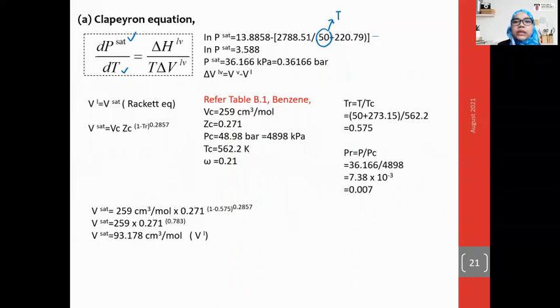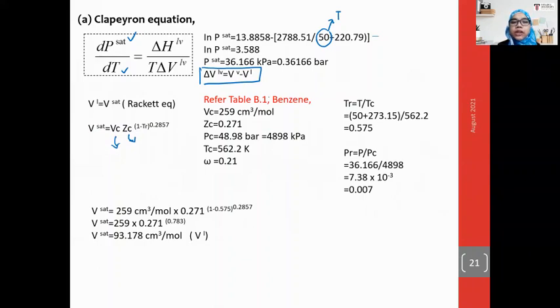By inserting this value, we can determine our saturation pressure. Delta V is based on the specific volume of the vapor minus the specific volume of the liquid. For the liquid, we can determine it based on the Rackett equation. And for the vapor volume, we can determine it based on the critical volume and the critical compressibility factor. This value you may refer to the table.